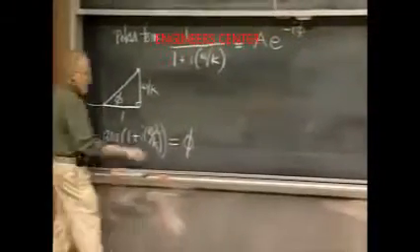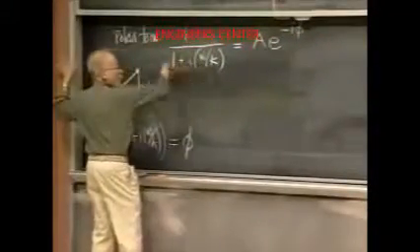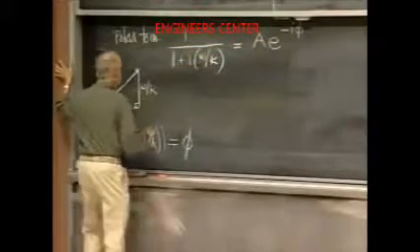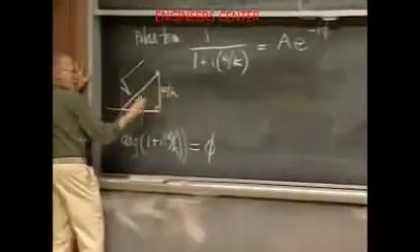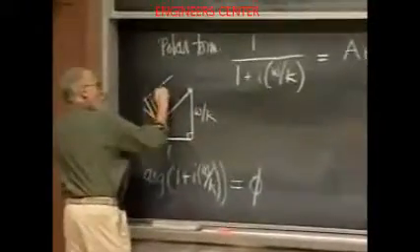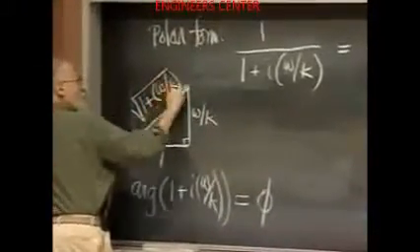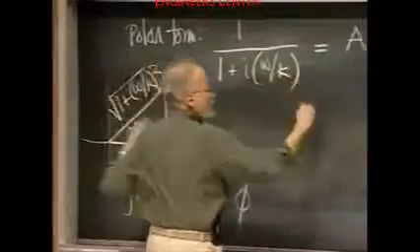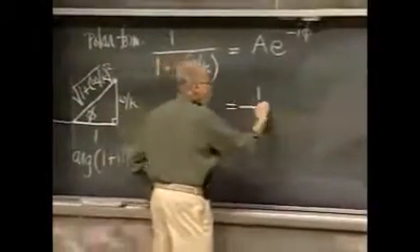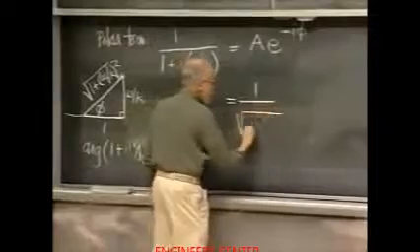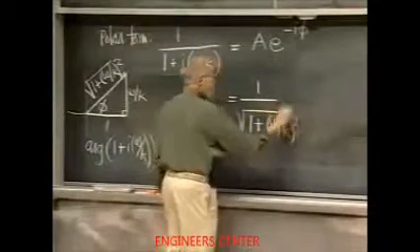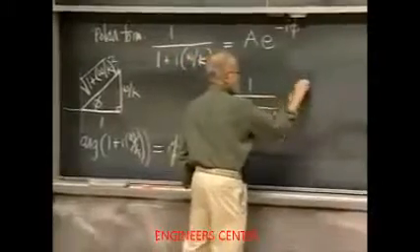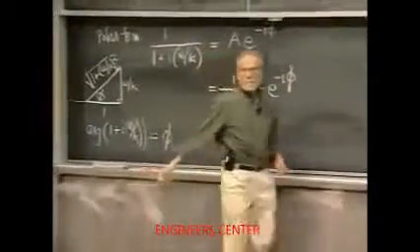And what's A? A is 1 over the absolute value of that complex number. Well, the absolute value of this complex number is the square root of 1 plus omega over k squared. So A is going to be 1 over that, the square root of 1 plus (omega over k) quantity squared, times e to the minus i phi.